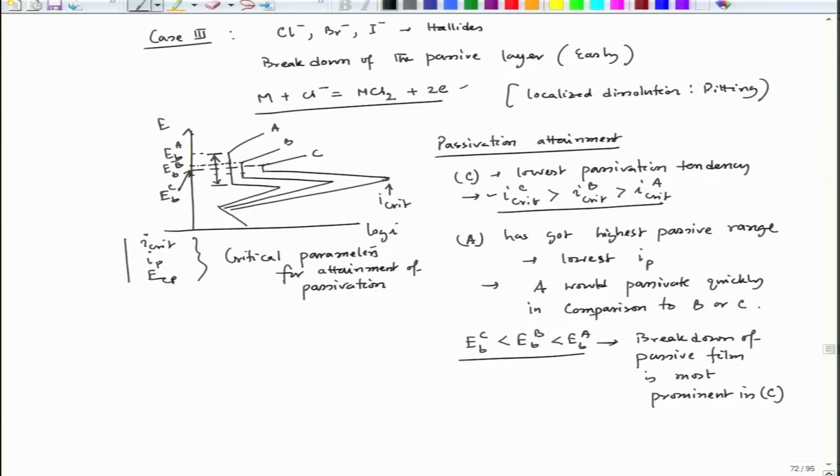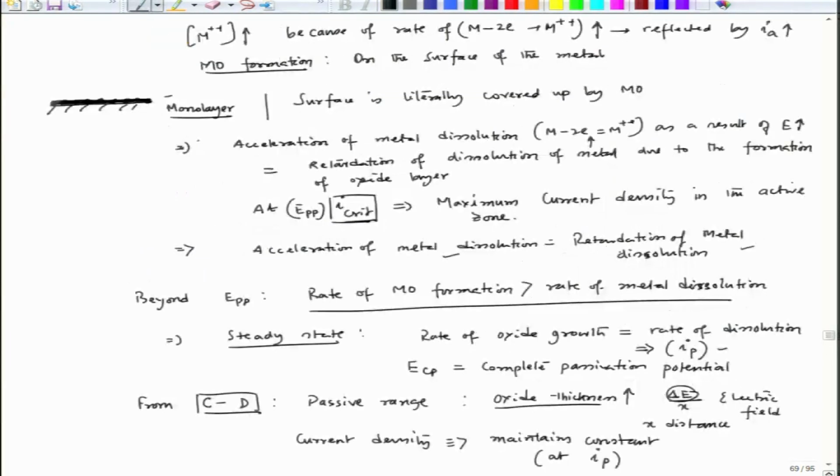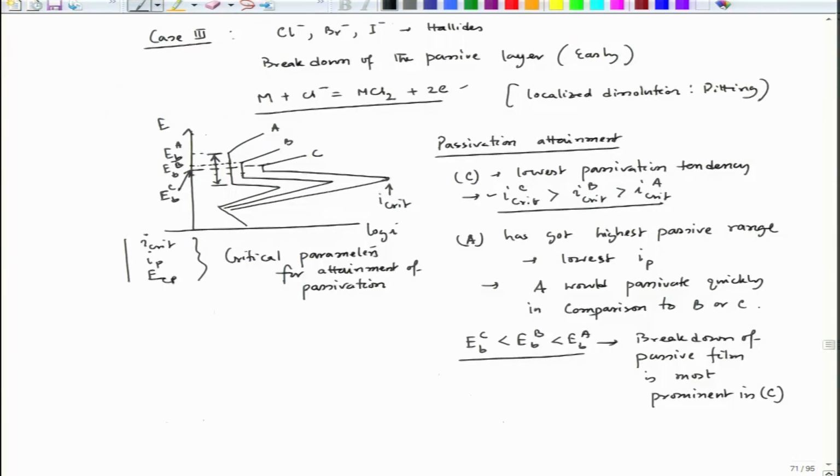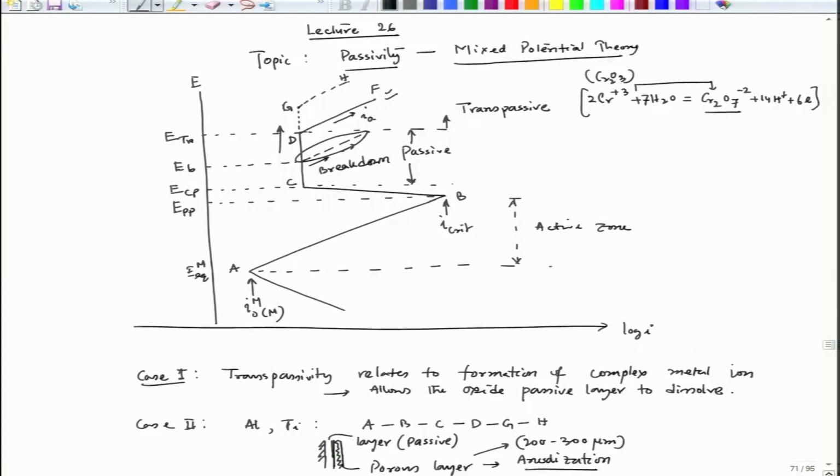Now, interestingly, we have been talking about these quantities, but we have not yet discussed one important part, which is this segment, which is basically the zone between EPP and ECP.